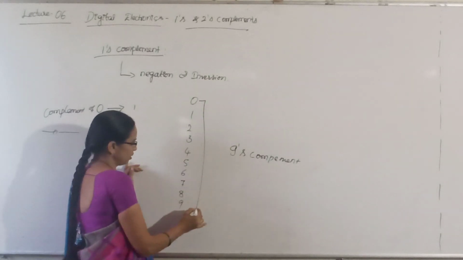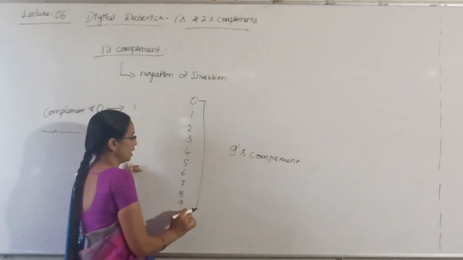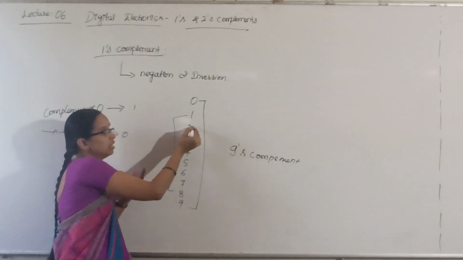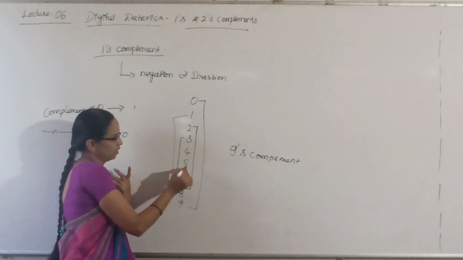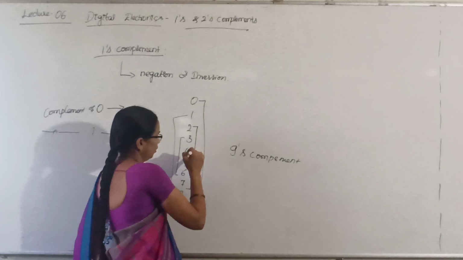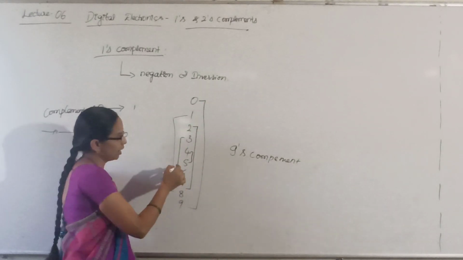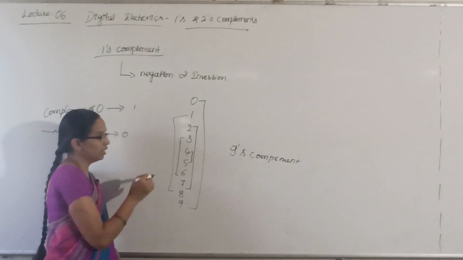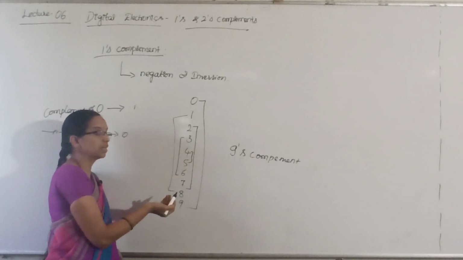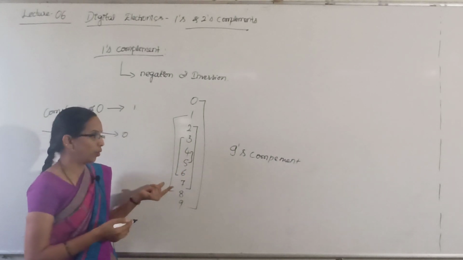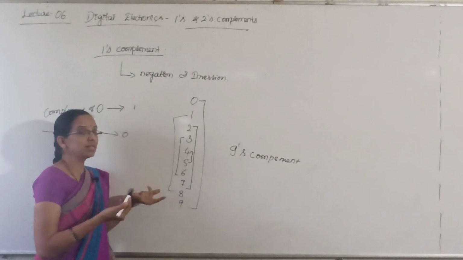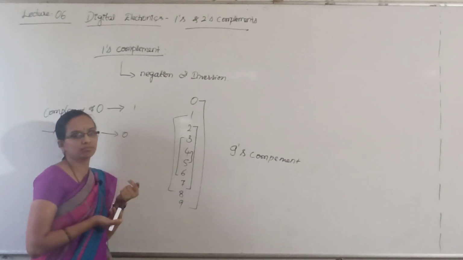So the 9's complement of 0 is 9, of 1 is 8, of 8 is 1, and you will be observing here 9 minus 5 is 4, 9 minus 6 is 3, 9 minus 3 is 6. In the same way, 9 minus 0 is 9, 9 minus 9 is 0.